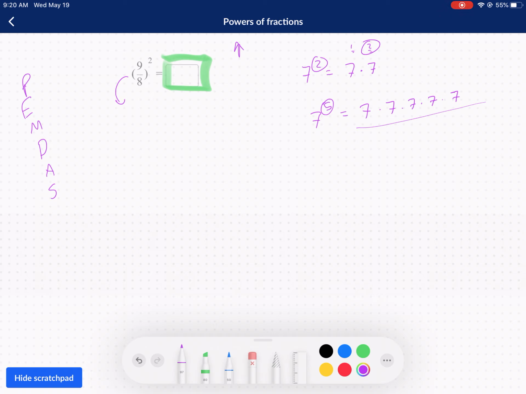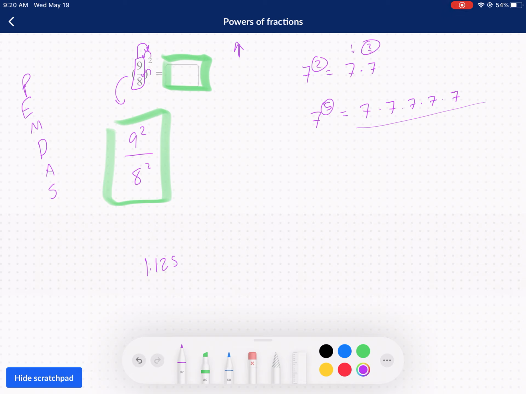However, a property of exponents is we can raise both of these powers first before doing the division. And that's where it becomes a game changer for us, because it's way easier to do 9 squared over 8 squared versus 9 divided by 8, get that decimal, and then multiply that by itself twice. Just so you're aware, 9 divided by 8 is 1.125.